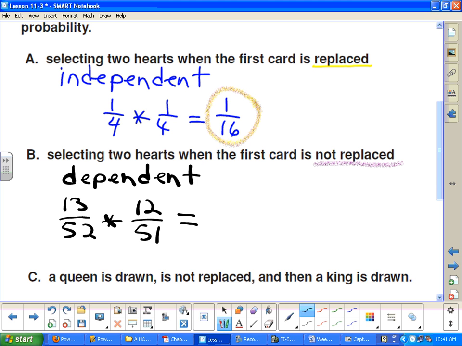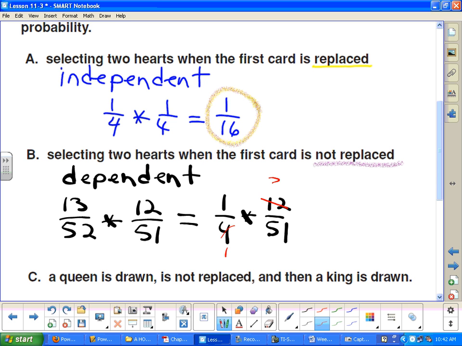All right, so 13 out of 52 times 12 out of 51 is what? That probably reduces. What'd you get? 1/7? No, it's not 1/7. So 1 over 4 times 12 over 51, let's use our math skills here.